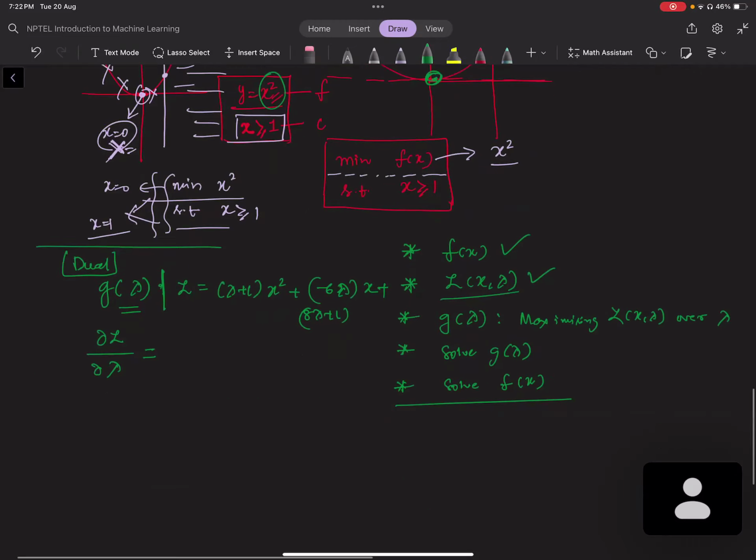The derivative with respect to x would be 2x times 1 plus lambda, then minus 6 lambda, plus 0.